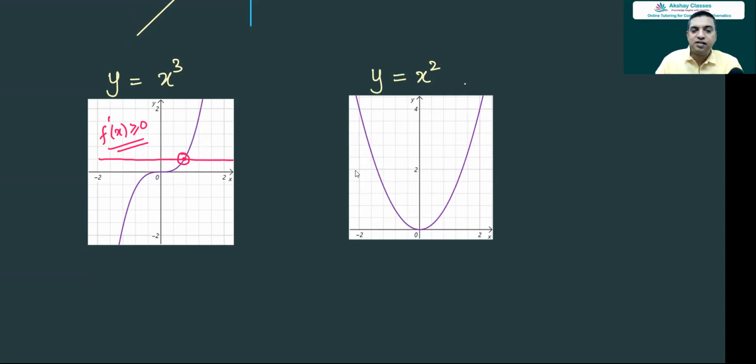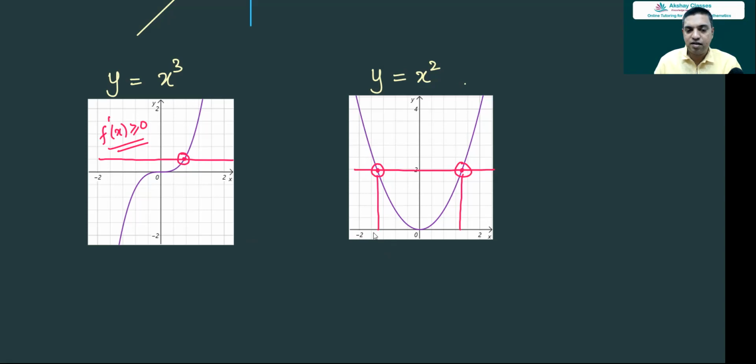Whereas you see here, you draw a line parallel to the x-axis, it cuts at 2 points. It is a many to one function. Why many to one? You have two values of x connecting to one value of y. That's why it is a many one function. Understand?